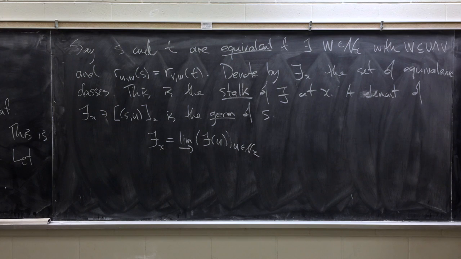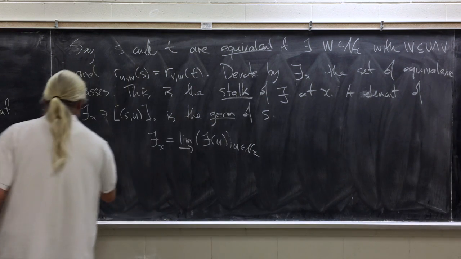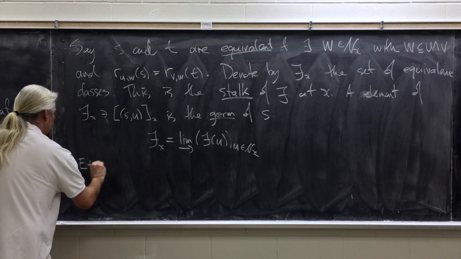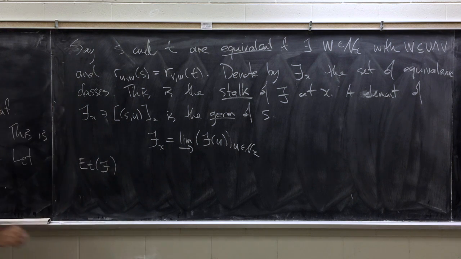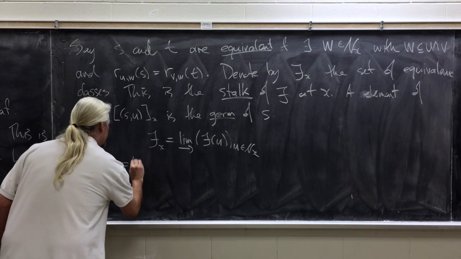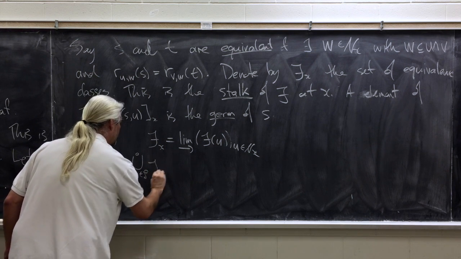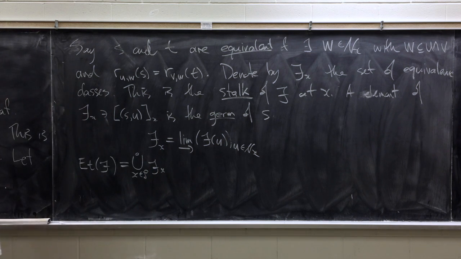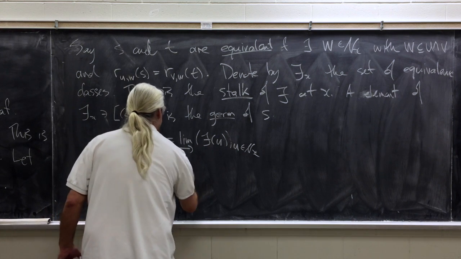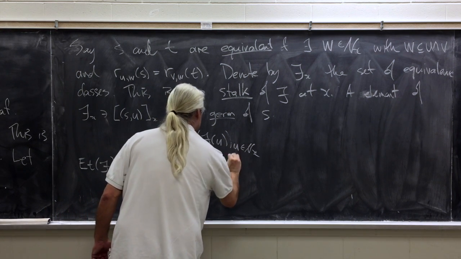All right, so that's the stalk, and the etale space of the presheaf F is just the disjoint union of all the stalks.